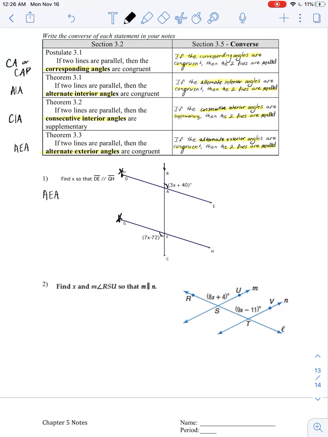If we have alternate exterior angles that are equal, then we know the lines are parallel. So we want to set those two angles equal, and then we're just solving for x from here.